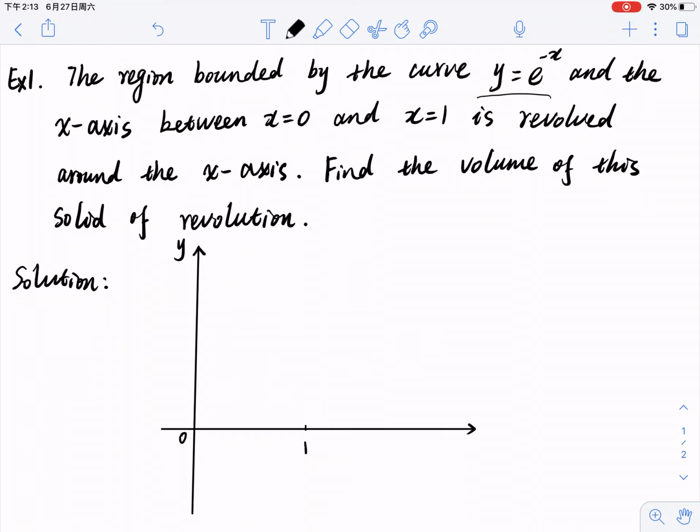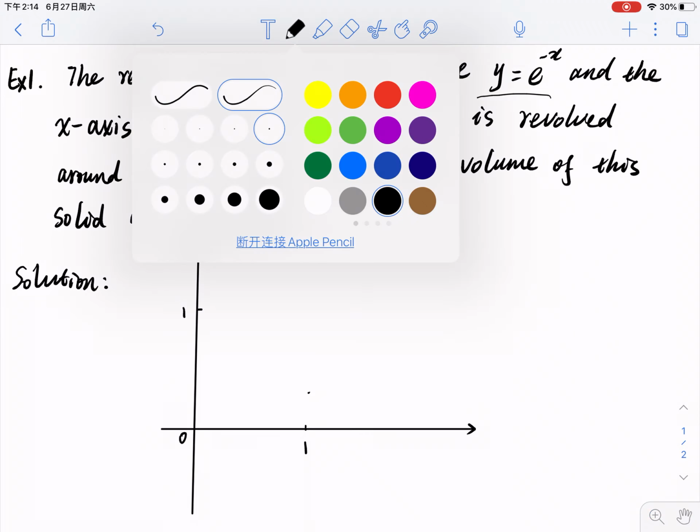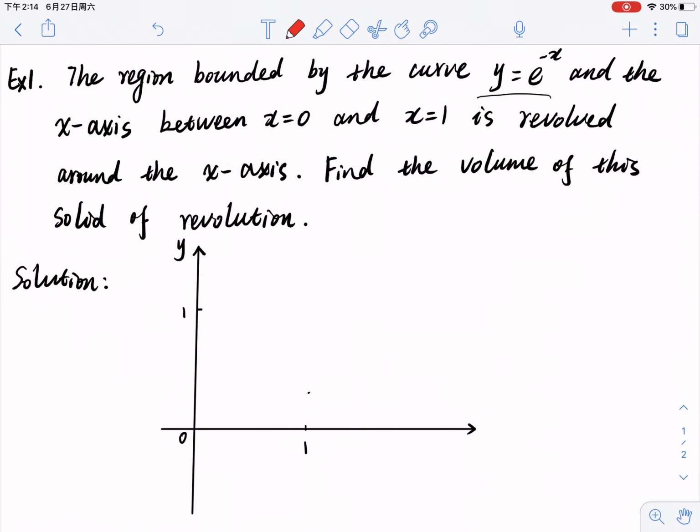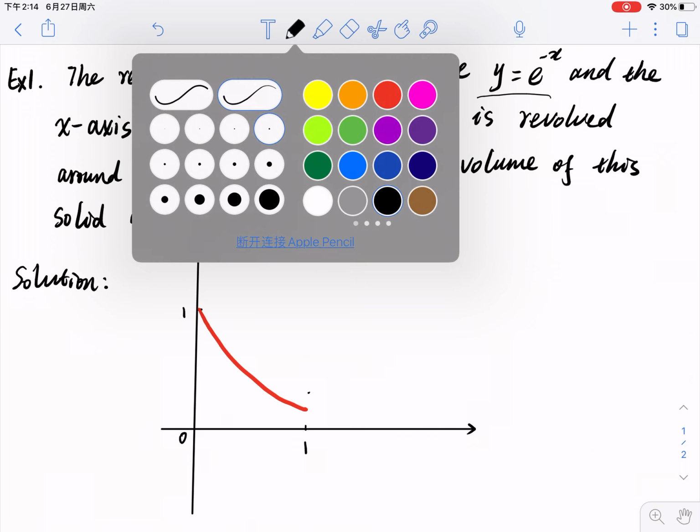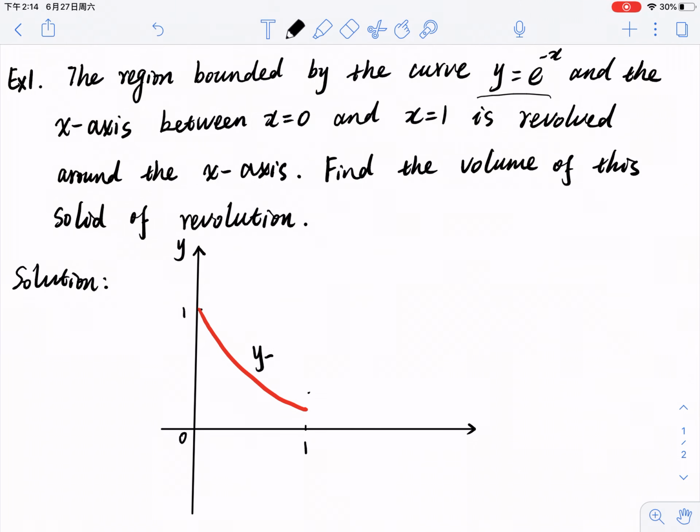When x is 0, it's 1. Suppose this is the graph of this function, y is e to negative x on the interval from 0 to 1.